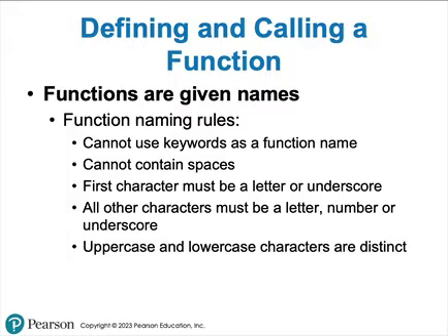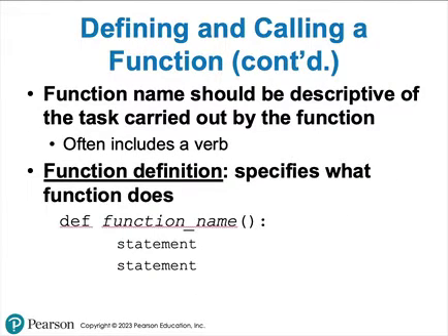The first character must be a letter or an underscore. All the other characters must be letters, numbers, or underscore. And it is case sensitive. That means uppercase and lowercase matters. You might notice that these are basically the same rules for naming variables apply to naming functions within Python.